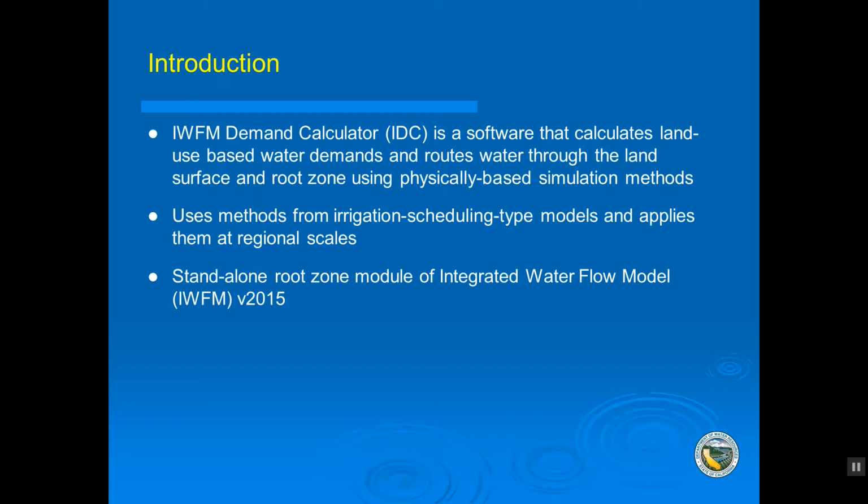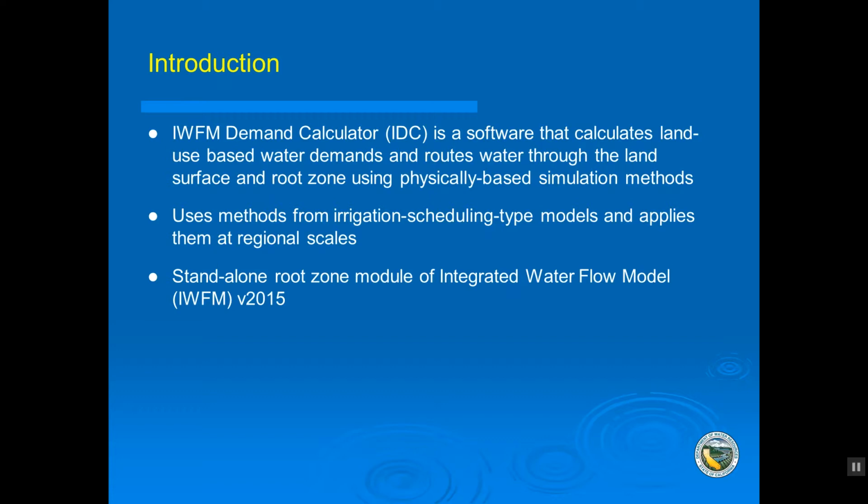On top of calculating the land use based water demands, it also routes the water through the land surface and the root zone of the hydrologic system, and we use physically based methods as much as possible.